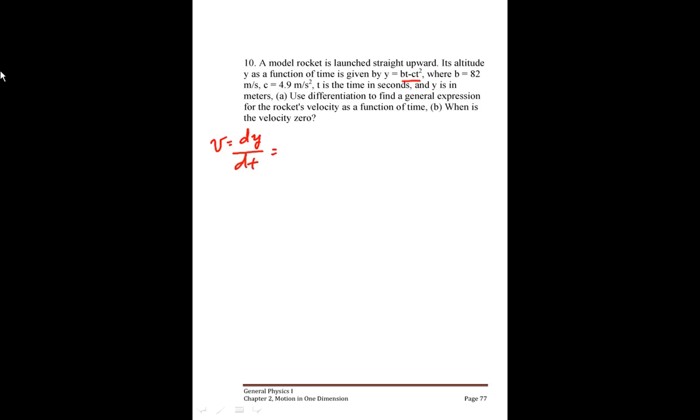The derivative of that with respect to t is going to be b minus 2ct. If I put in my values, that is 82 minus 2 times 4.9, which is 9.8 t. So that's my expression for v using calculus differentiation.